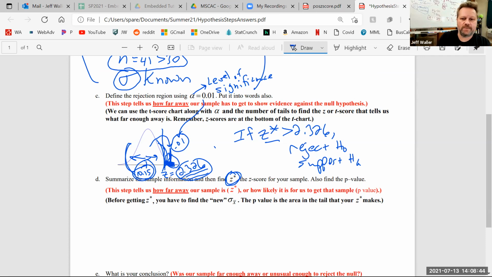What if something had a 5% chance of happening? That's still pretty freaky, right? But then what if somebody else came along and did something that had a 2% chance of happening? Is that more or less freaky? More freaky. So if somebody did 1%, that's significant, that's freaky. 0.5%, that's even freakier, right?